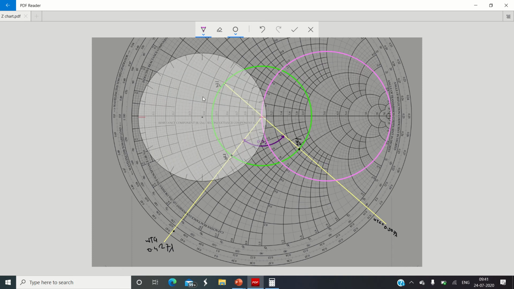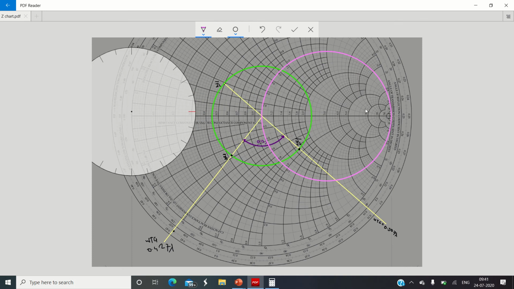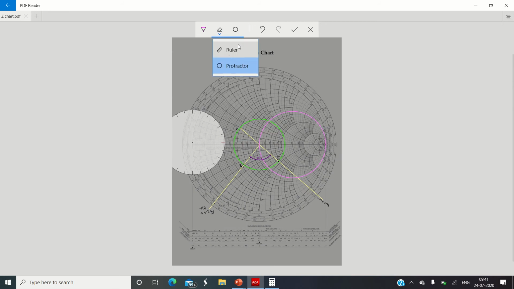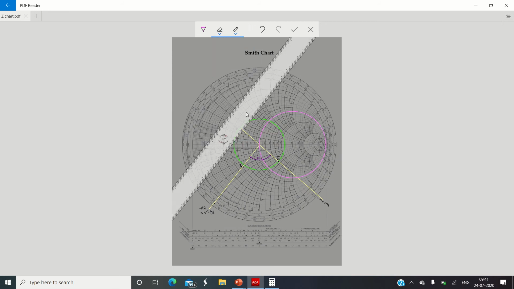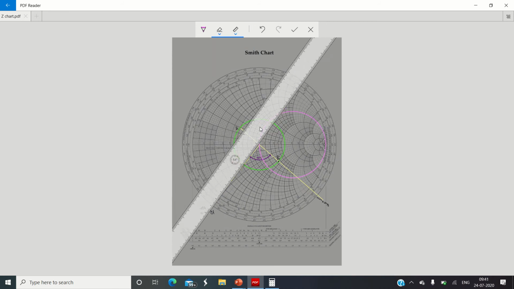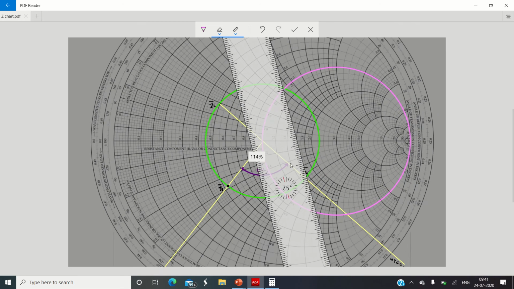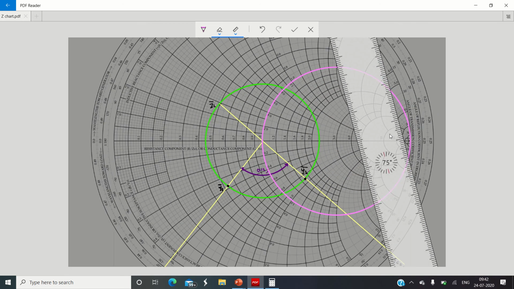If you want, you can draw a hatching pattern also. Take a scale or ruler and show a simple hatching pattern in this region, in this way.